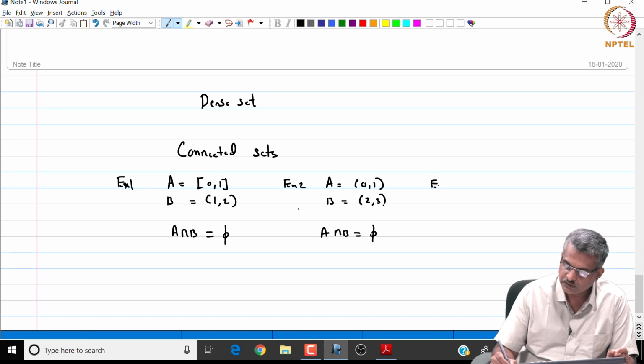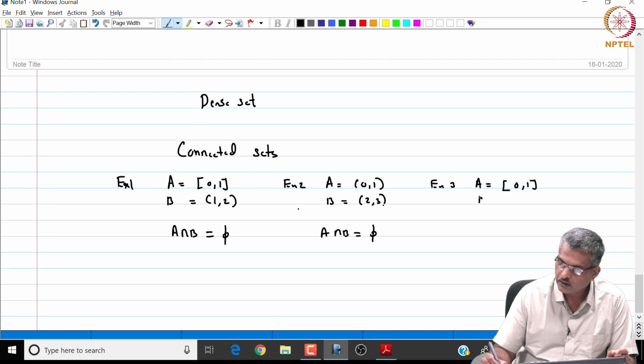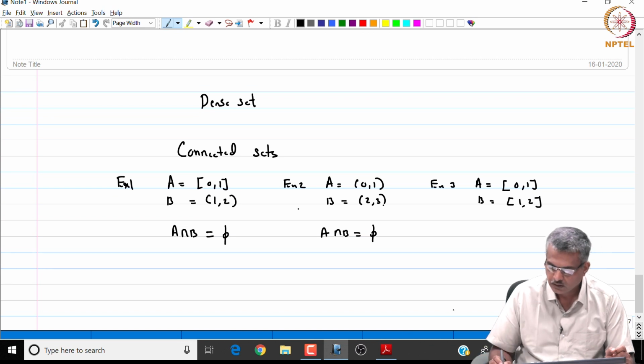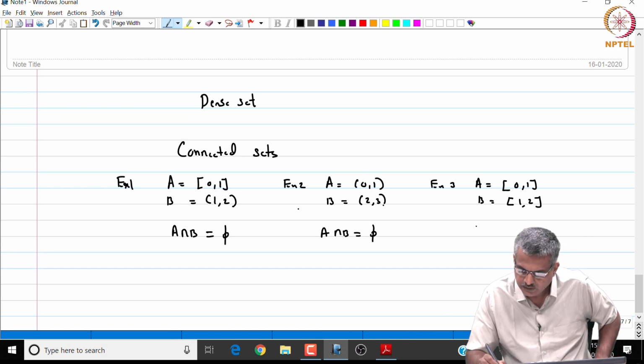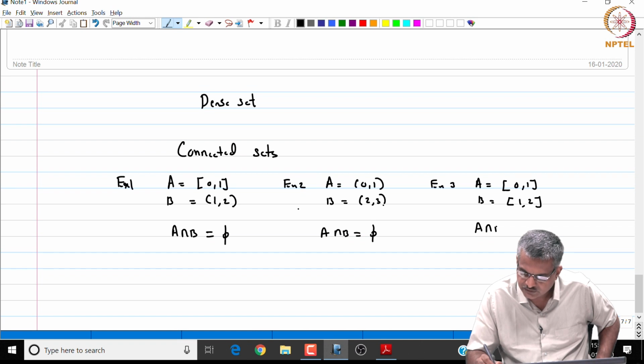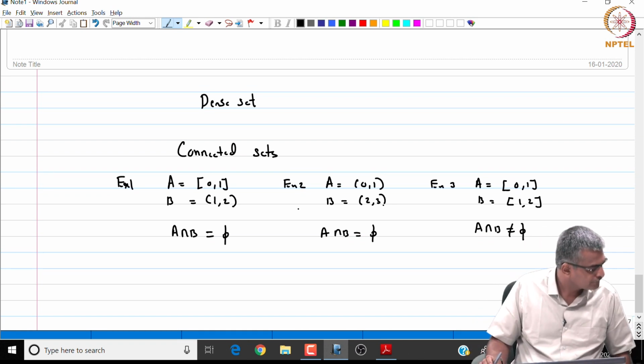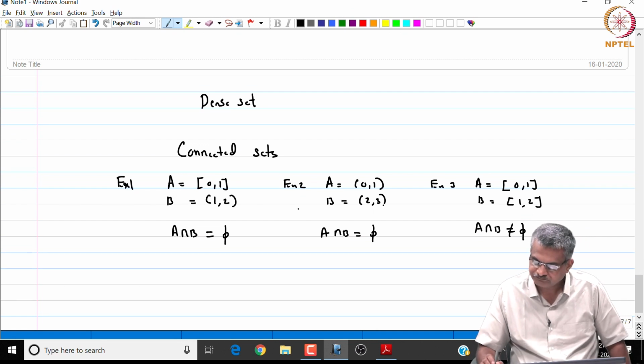And let me take another example where A is [0,1] and B is [1,2]. Certainly, here A intersection B is not empty, right.